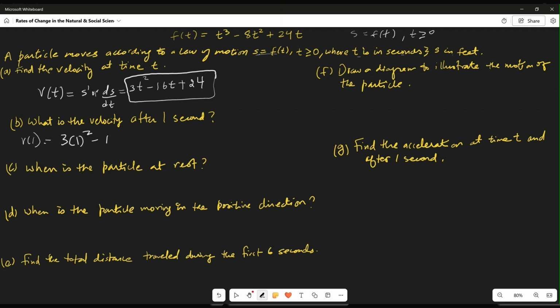It could be any value, 4, 2, whatever is given in the question. So this is equal to 3 minus 16 plus 24, which is equal to 11. And don't forget to write the units, feet per second, because s is in feet and t is in seconds.